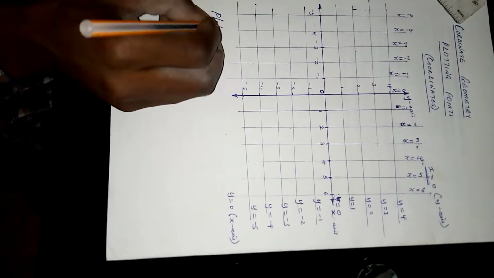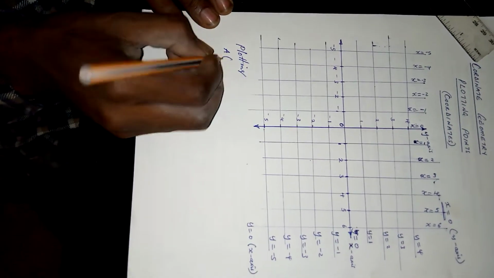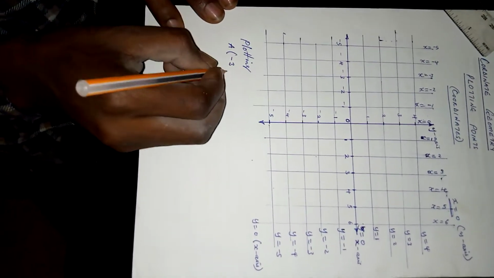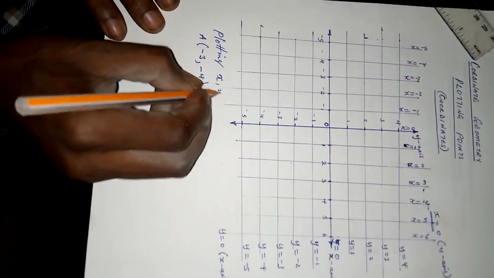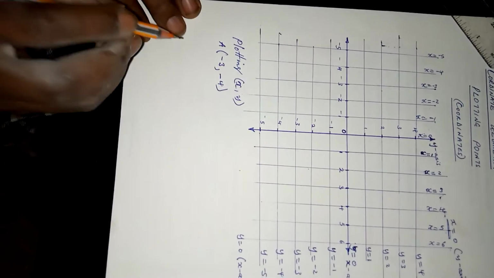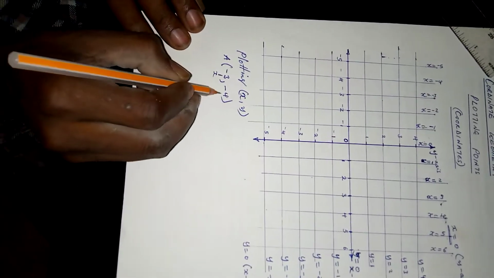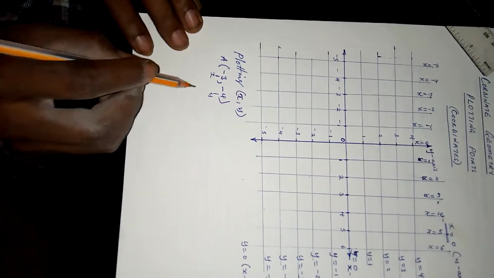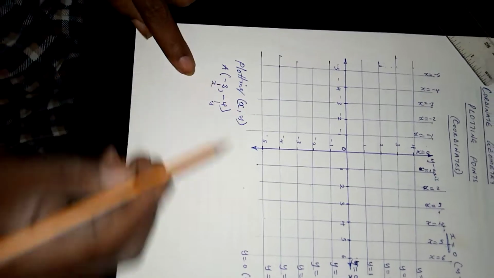So now, plotting the points. If I have point A, which is (-3, -4). Every point is written as x, y. So here I have to ask myself the question: this is my x, while this is my y. At this point A, x is equal to -3.